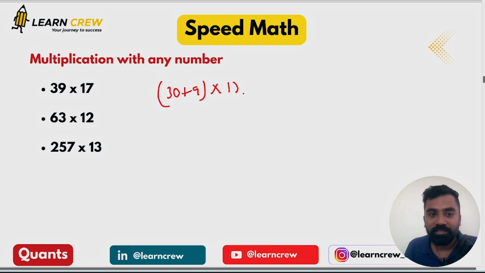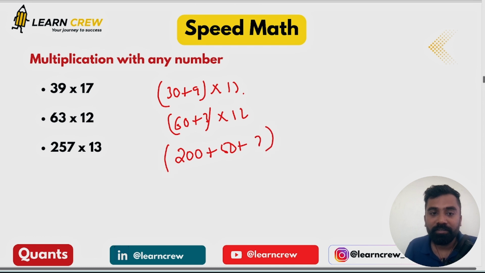Similarly, 60 plus 3 into 12. And 200 plus 50 plus 7 into 13.